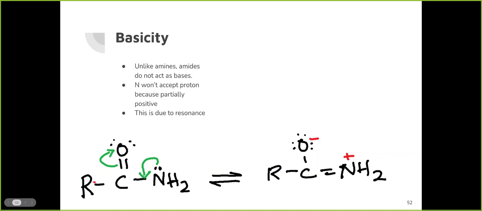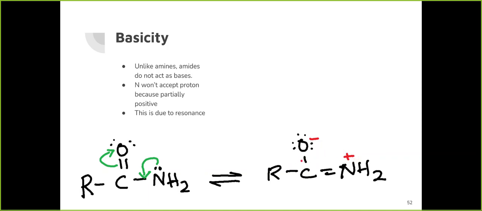So you can have this amide. We've got an R carbon double bond O attached to our amino group. This oxygen has these 2 electron pairs out here, and the nitrogen has 1 electron pair. The reality is that this sometimes looks like this, where you have the electron pair go in and form a double bond here. But now you've got this nitrogen with 1, 2, 3, 4 bonds, because you've got 2 hydrogens out there. So this is going to have a positive charge on it.